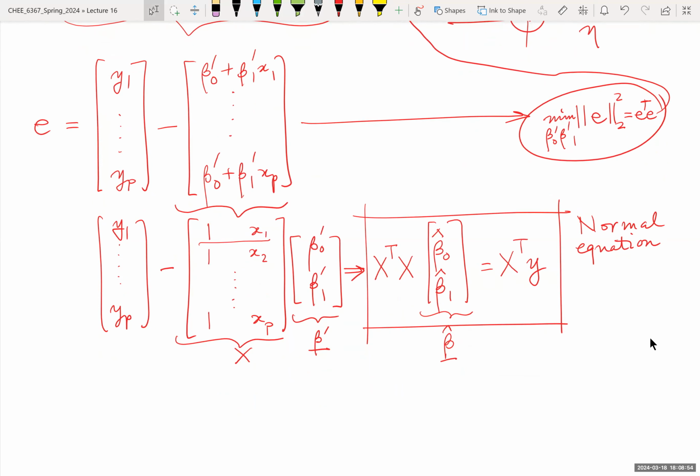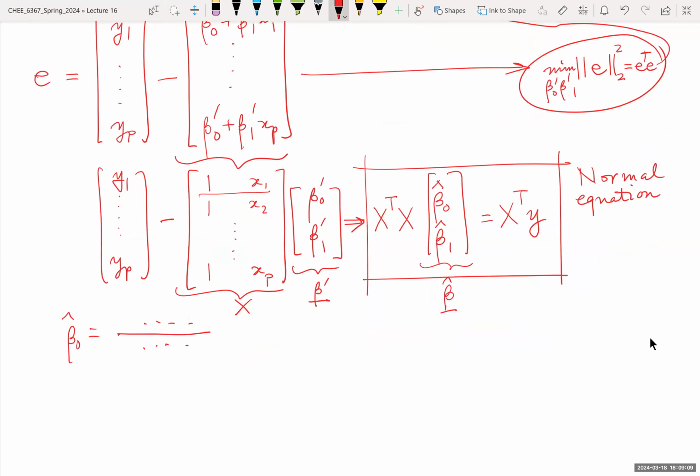We'll discuss those at another time. So this is fine. You write the solution in vector matrix form, but you could also do it element by element and say beta 0 hat is this. It's a fraction which you can do on your own, and I give it in the notes. Beta hat 1 is that, this vector, and it's in the notes as well.